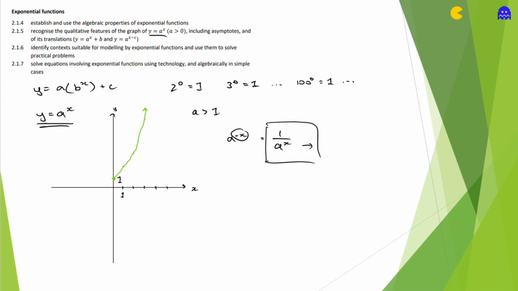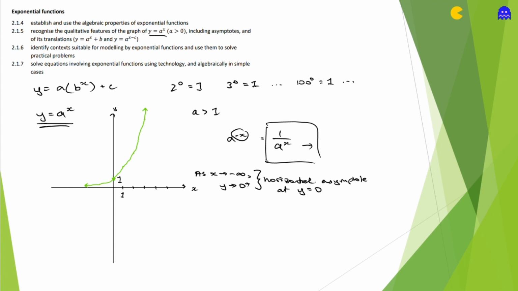So as x tends towards negative infinity, y tends towards 0 from the positive side. And so what we have here is a horizontal asymptote at y equals 0.